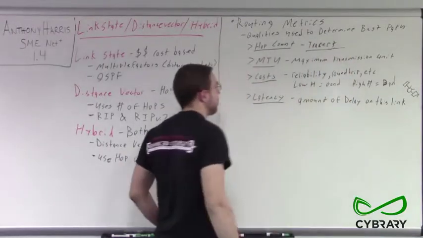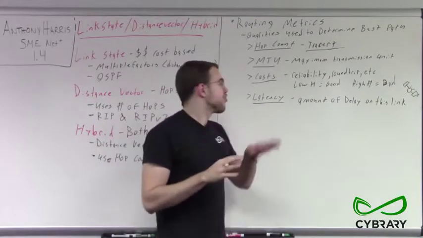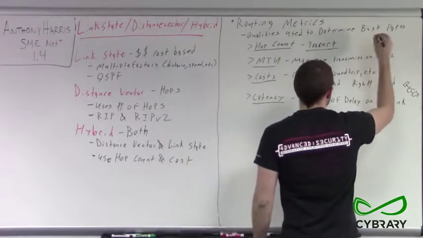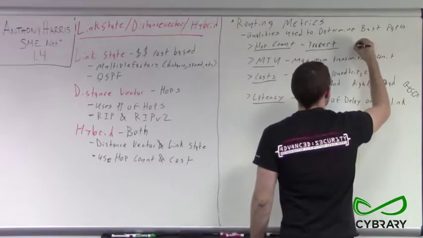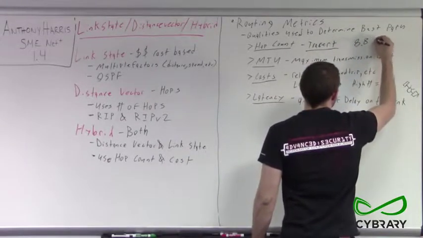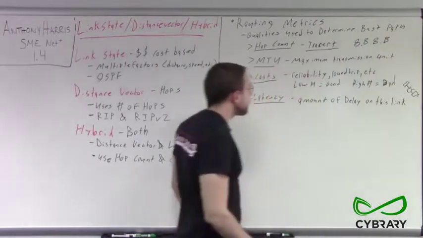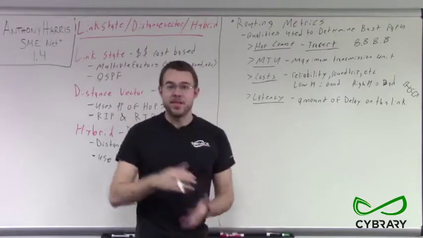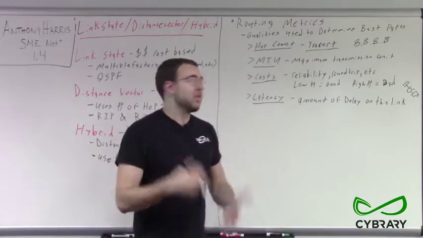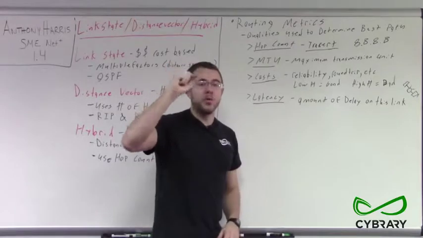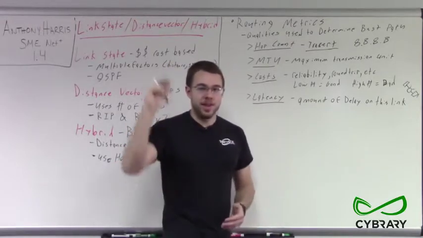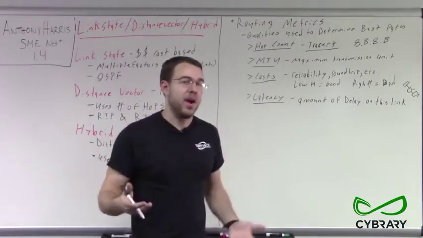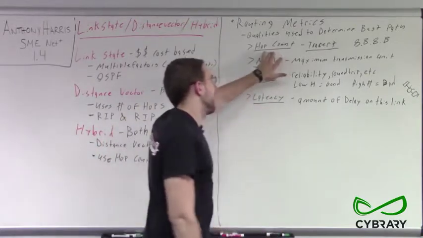If we open up a command prompt and type in tracert space and then a server name or an IP address, so tracert 8.8.8.8, then we'll actually see the route that we take in order to get from us to that other location. And that traceroute command will show us all the different hops that we're hitting to get there. So all the different routers, all the different places we're hitting in between us and there. So that's our hop count.